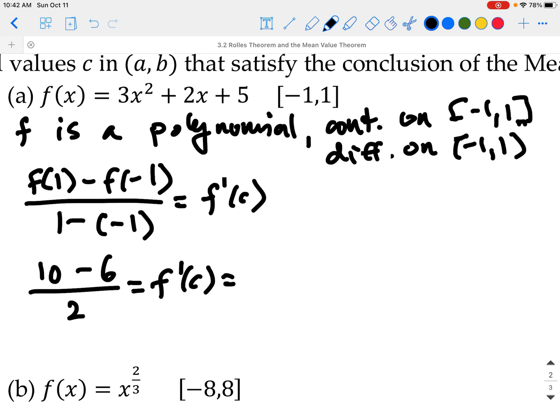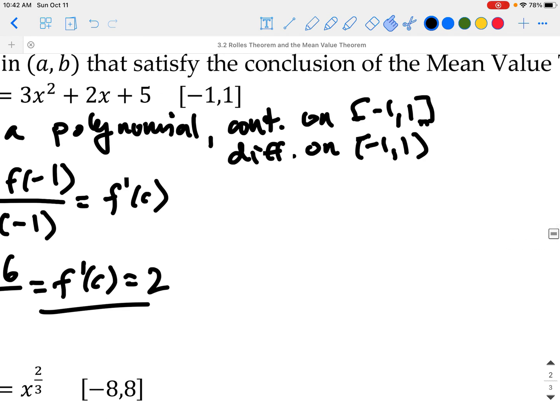So we're going to get f prime of c is equal to 4 over 2, which is 2. So there's going to be some point on this slope, at least one, where the derivative is equal to 2. So let's go ahead and find that value.